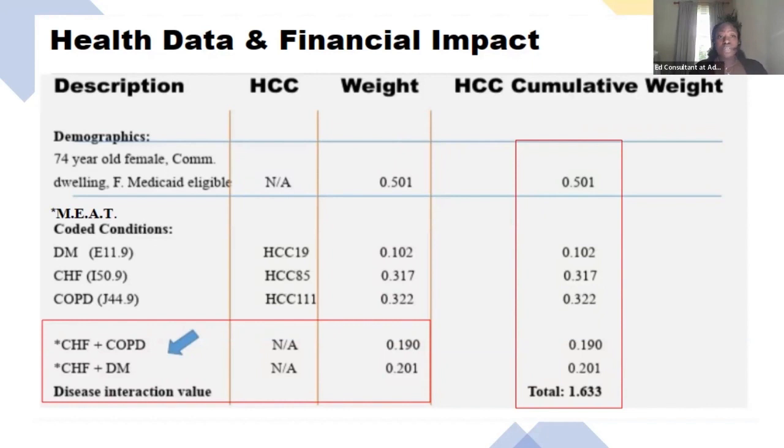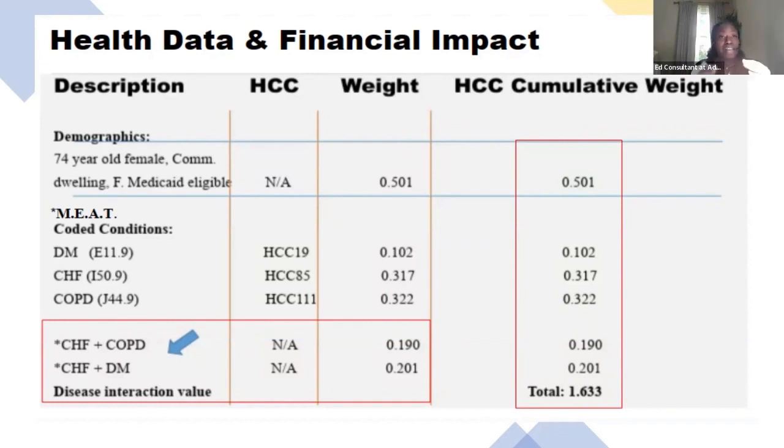So if you're a risk adjustment coder, what you're looking for is that all of these conditions year over year have been captured in that member's chart. So you could have a visit in January that talked about the diabetes. You could have a visit in May that talked about the CHF, and then one in November that talked about the COPD. But as long as it's been captured within that calendar year, it can be calculated within that RAF score.